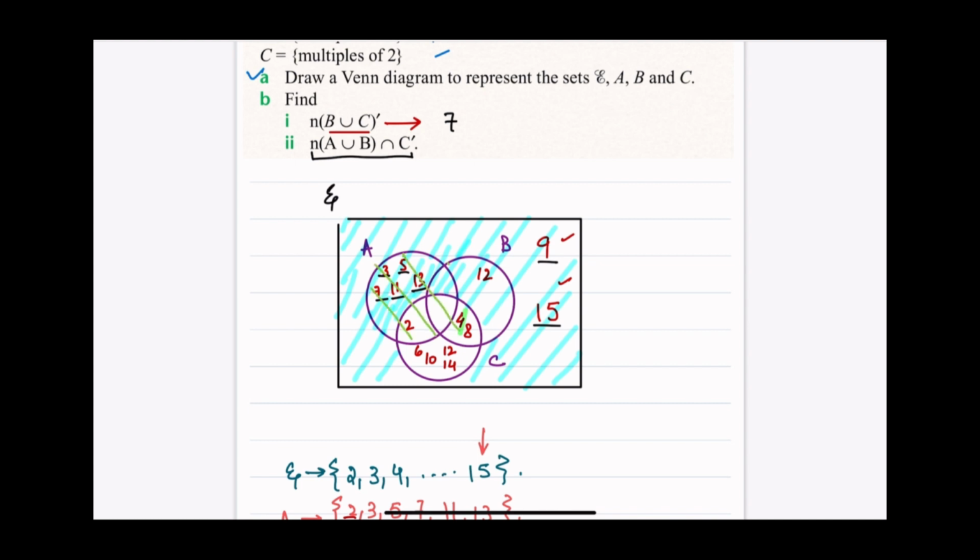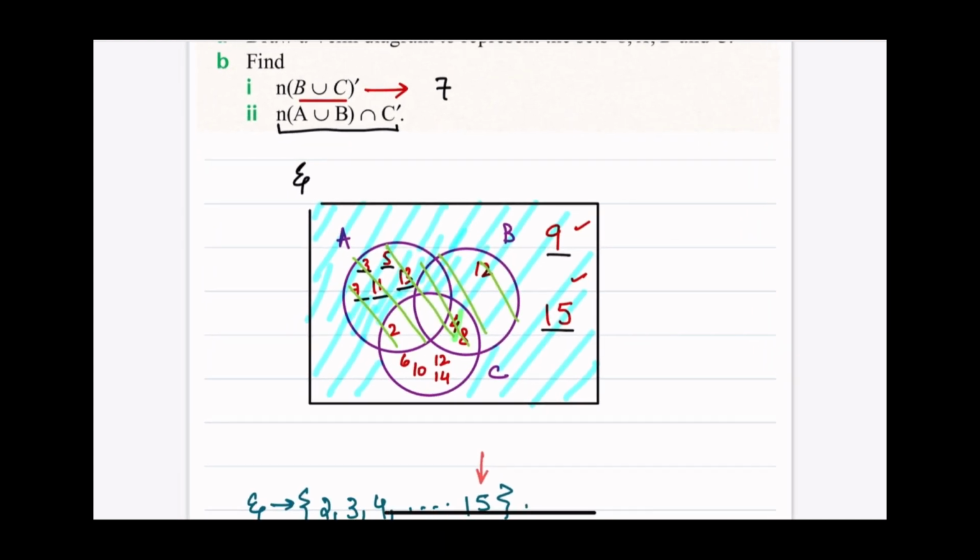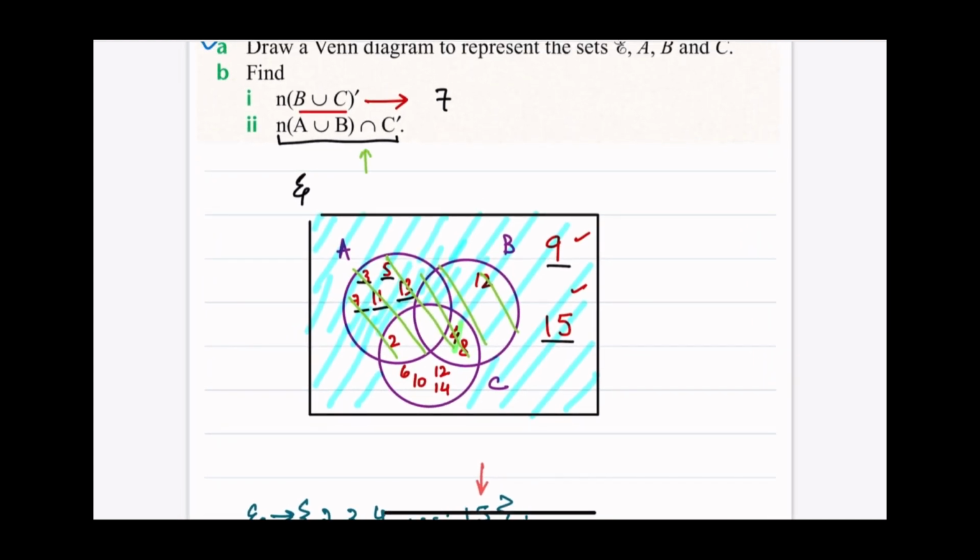This whole thing is A union B with green ink. And now there's an intersection common between both of them. So common between both of them is the region that you can see. Just count these elements. So 1, 2, 3, 4, 5, and 6. 6 elements, because you just have to find out the number of elements.